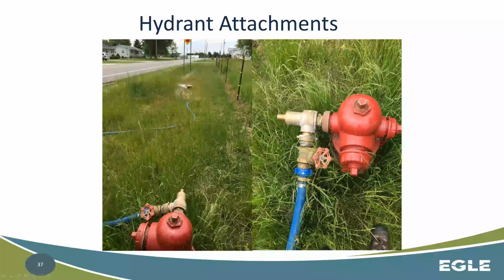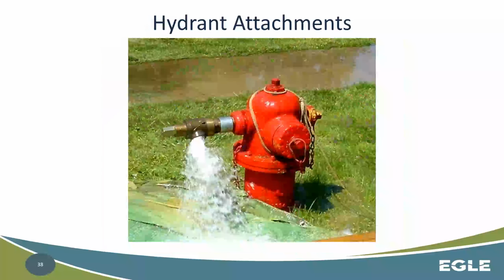And if this didn't seal properly, you would get some breakthrough into the distribution system. The likelihood is probably pretty small. I will admit that right now. The likelihood is not high that this is going to fail in such a way that you're going to get a backflow event to occur. Now, with that being said, is it impossible? No. So when it's not impossible, that means it's possible. So you need to make sure you've properly protected against it. This is how you do that.